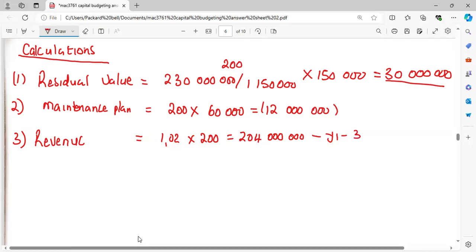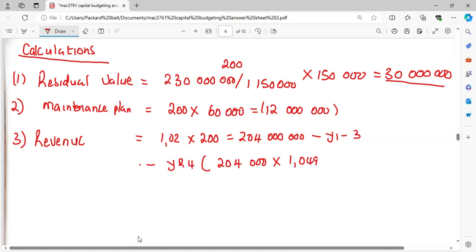Then let's have the revenue for year 4. It's going to be 204 million times 1.049, since it increases by 4.9%.